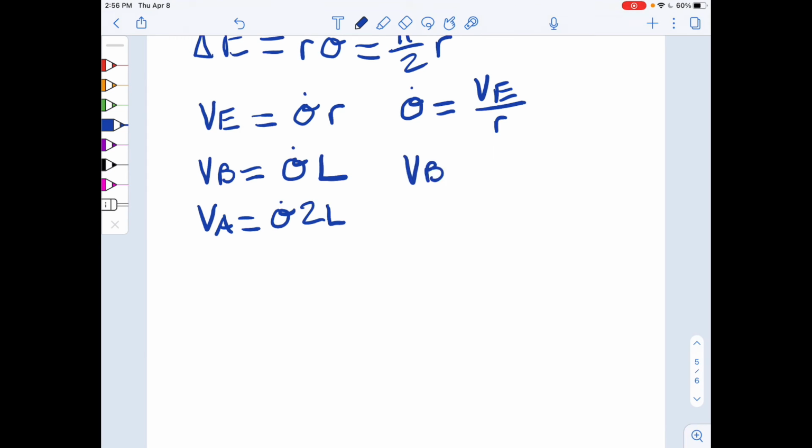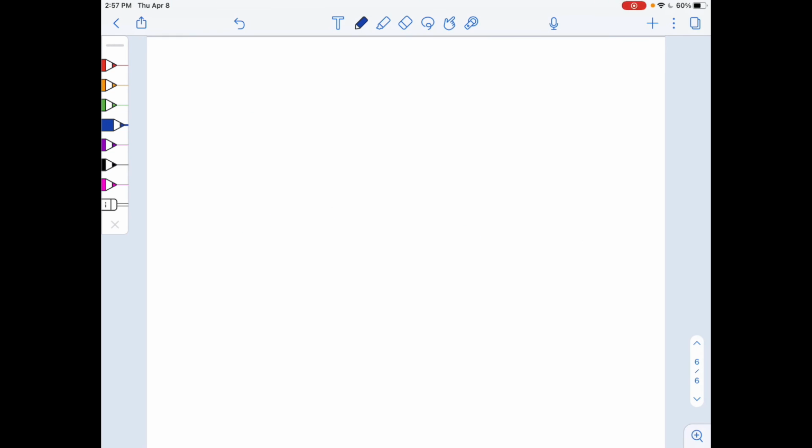So VB would thus be VE over R times L, and VA would be equal to VE over R times 2L.